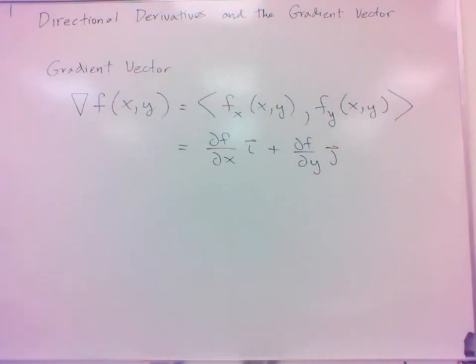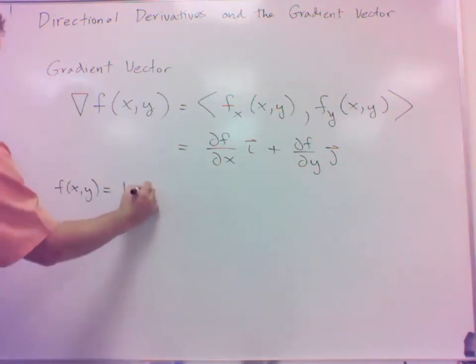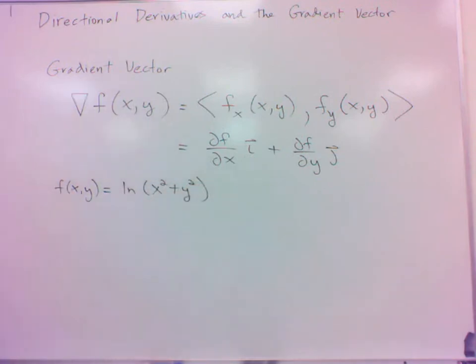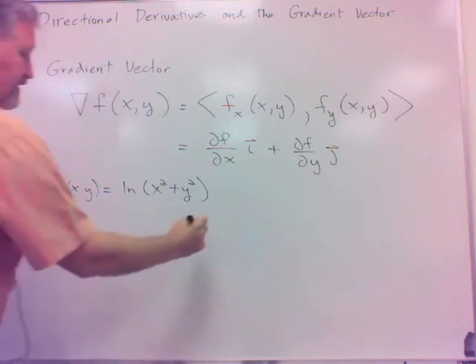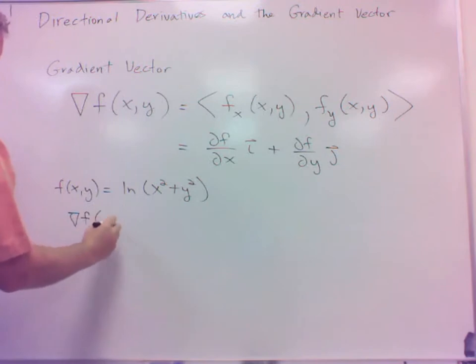Okay. So if I have f of x, y equals ln of x squared plus y squared, then what's the gradient vector of f at the point 1, 2?